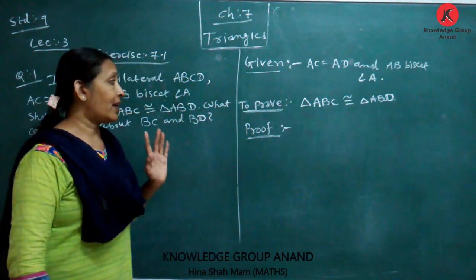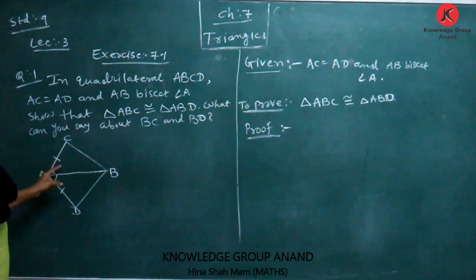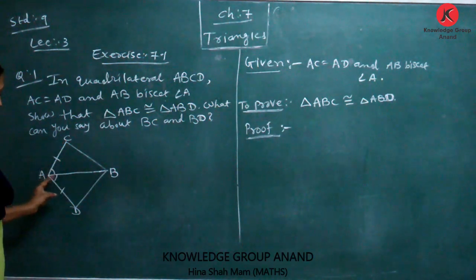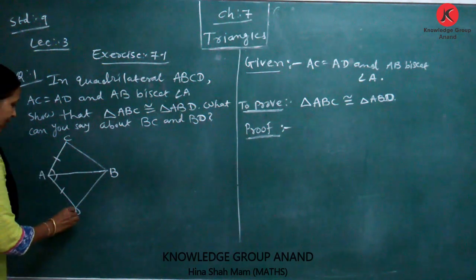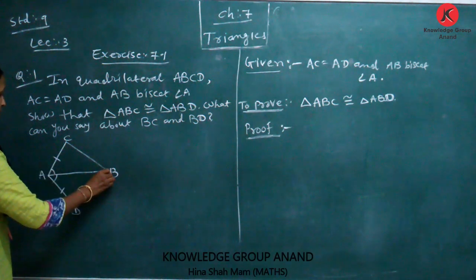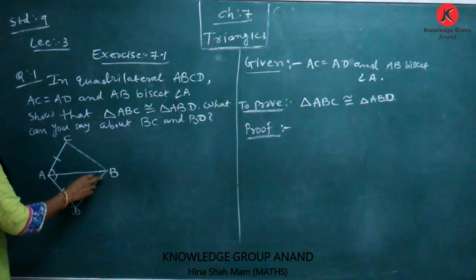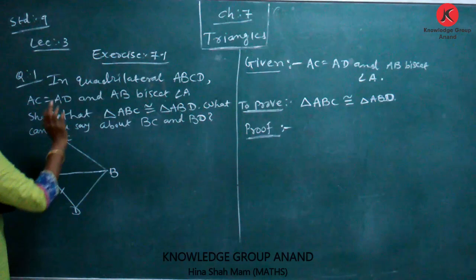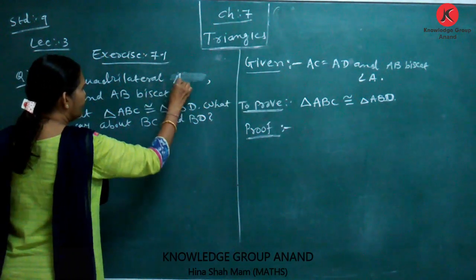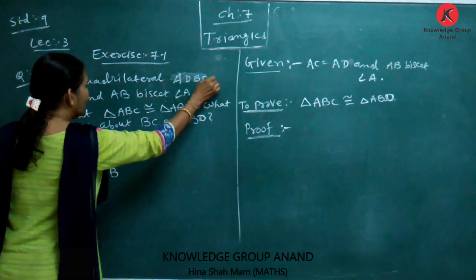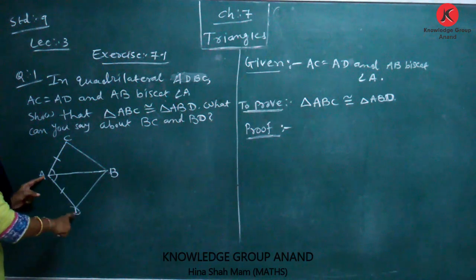In this figure the quadrilateral is given as ABCD. Actually it is written as quadrilateral ADBC, not ABCD.